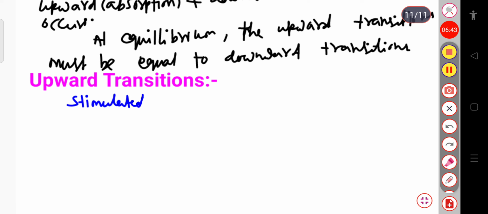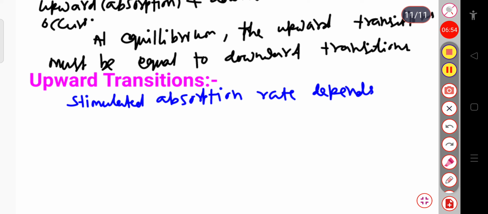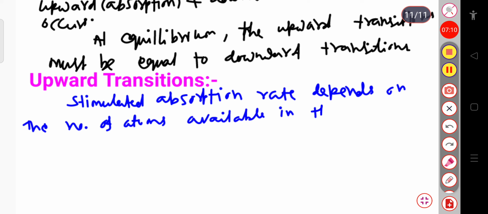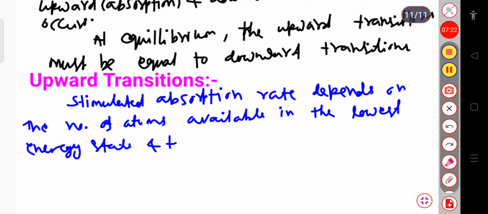The stimulated absorption rate depends on the number of atoms available in the lowest energy state, as well as the energy density of the photons.